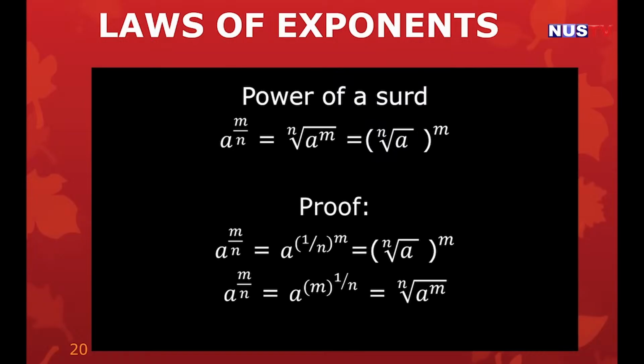Okay? Bracket all to the power of m. They are the same. Whatever way you rearrange it, you will find that they have the same answer. And that's the proof right there underneath.